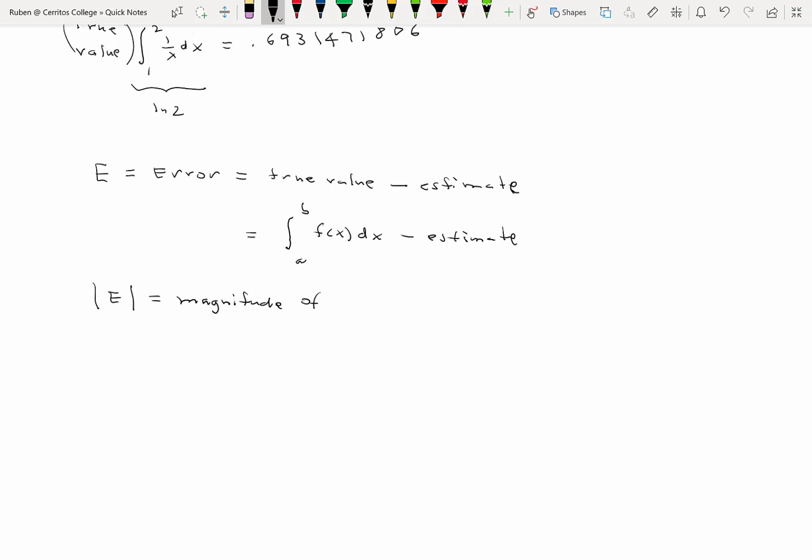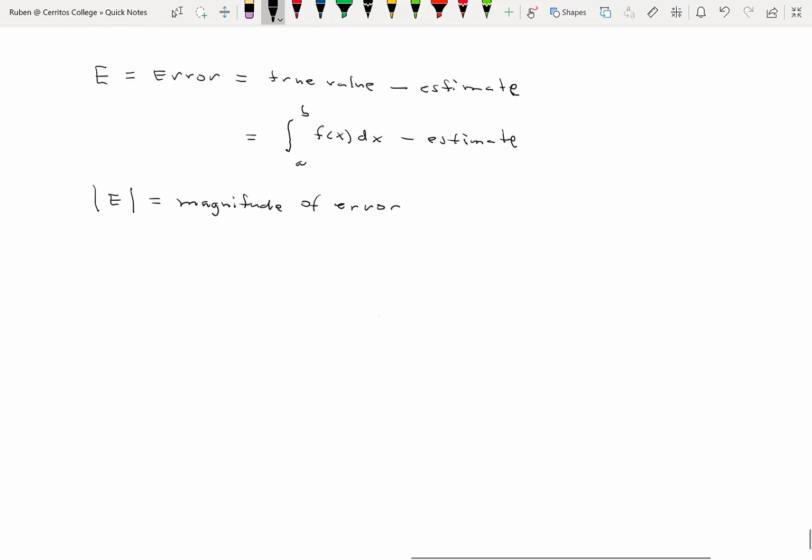And we lose something when we look at the magnitude of error rather than the actual error. If the actual error turns out to be positive, then we know that our estimate is an underestimate, because the true value would be more than our estimate. If the error was negative, then the estimate is too much. It's an overestimate of our true value. So the magnitude of error hides that completely, and that's a little bit of a trade-off.